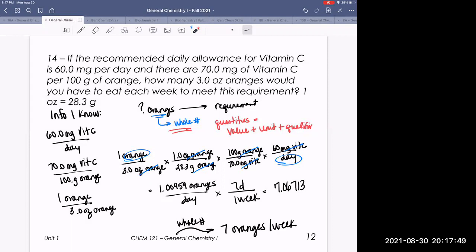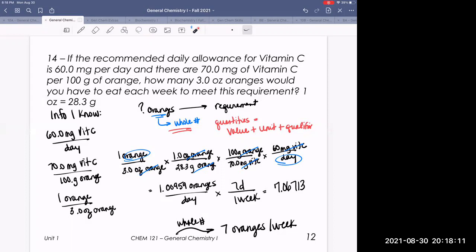And then I did a conversion of ounces to grams. And then I got that I needed 59.43 milligrams of vitamin C per 3 ounces of orange. And then did 420 milligrams divided by 59.43 milligrams to get 7.067 3-ounce servings of orange per week.